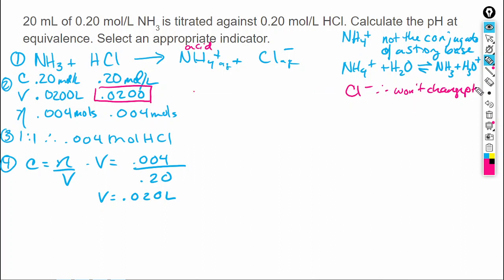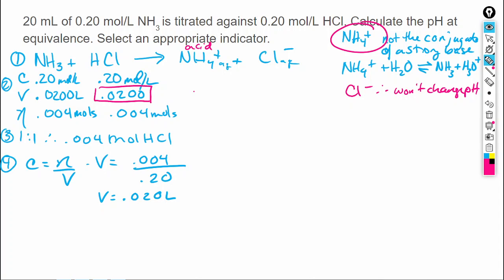So it's not the chlorine I have to worry about, it is the ammonium. So I know it's going to be a little bit acidic, but I don't know how acidic. In order to figure out how acidic, I have to figure out what the concentration of that ammonium is.